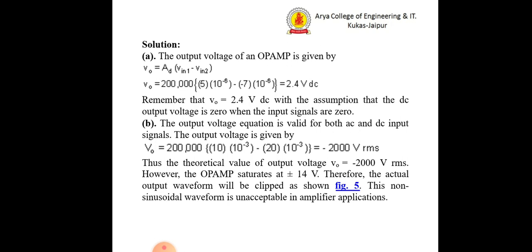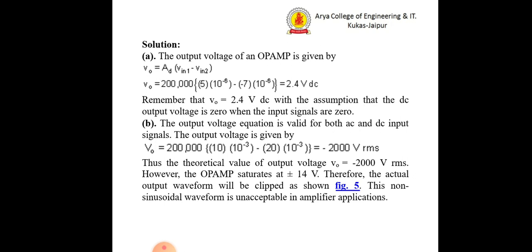Next, for the B part, the output voltage equation is valid for both AC and DC input signal. So the output voltage is given by substituting the values, we find it equals minus 2000 volt RMS.